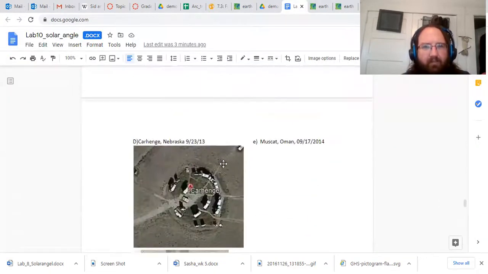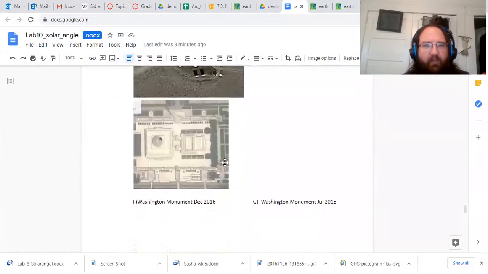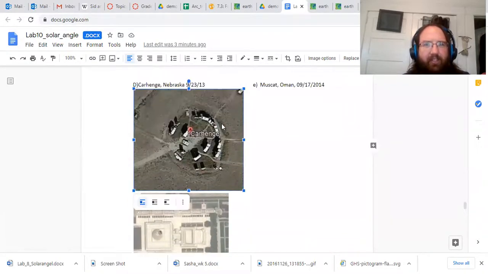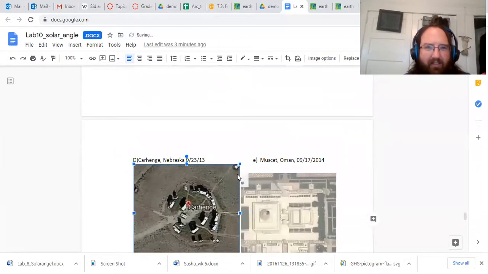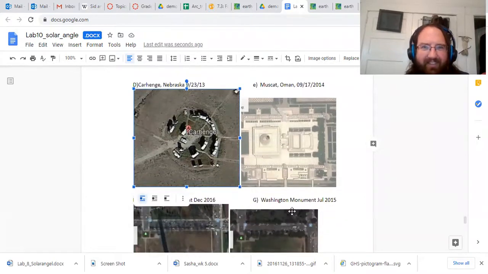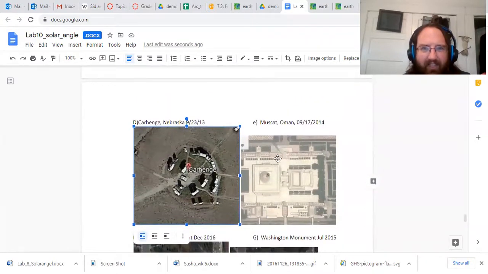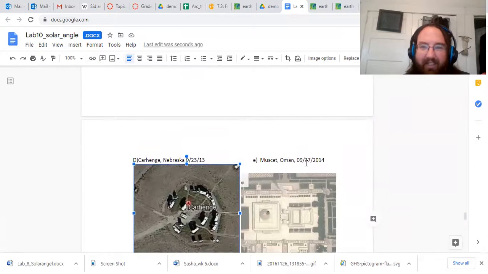All right. I also decided to give you Carhenge, because hey, why not? Carhenge is in Alliance, Nebraska, and you might see very different shadows at Carhenge than you see at Stonehenge. Oh, check it out. Here's one of Muscat, Oman in September.